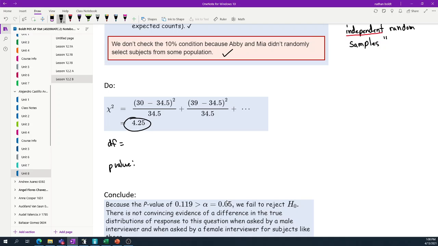That being said, a good test-taking strategy would be to actually write out the first couple of terms of your chi-squared. Okay, I think I've said this before, but if you type something into the calculator wrong, like you accidentally hit a 3 instead of a 2 or something like that, your number will be off. And you get it all wrong then, because you just have the wrong number, the grader has no idea why you have the wrong number, and they have to mark it wrong.